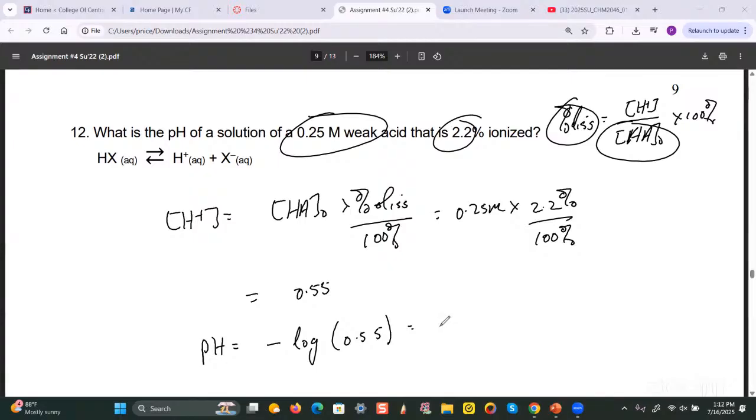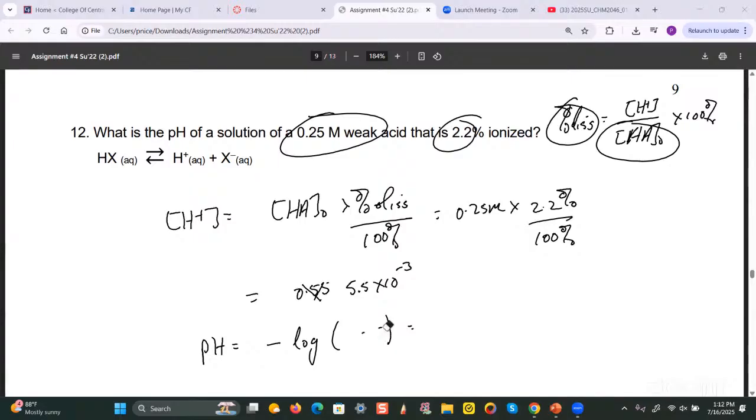So this has to be rounded off to 2 decimal places. Let me just check something here. 0.25. Oh, I did something wrong. Okay. 0.25 times 2.2. Oh, wait a minute. It's supposed to be 0.0055 M. Yes, it should be 5.5 times 10 to the minus 3.